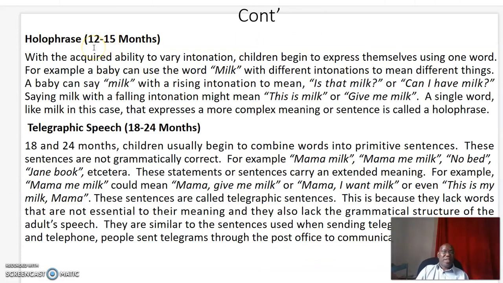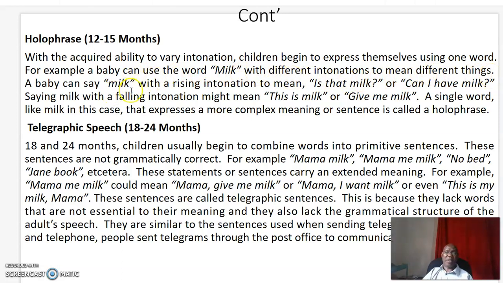Holophrase. Holophrase sets in between 12 to 15 months. With the acquired ability to vary intonation, children begin to express themselves using one word. For example, a baby can use the word milk with different intonations to mean different things.